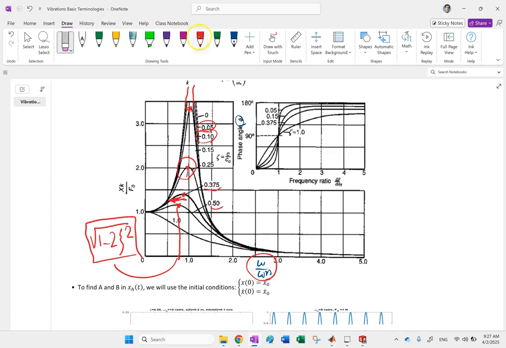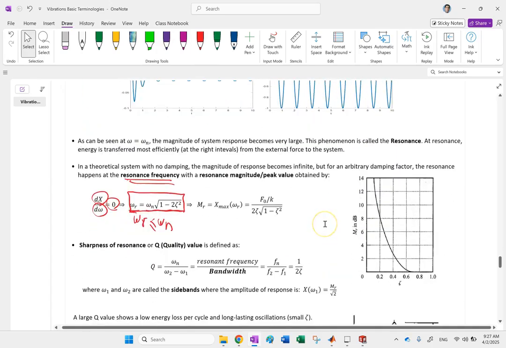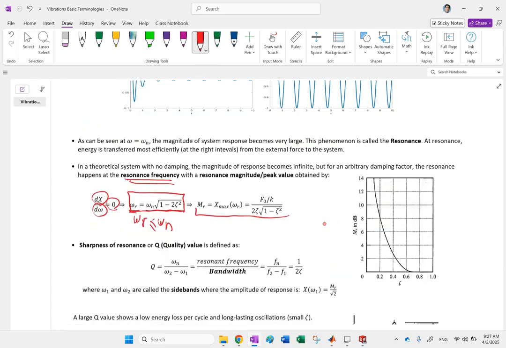And how much is the maximum at that point? All you need is to plug that omega back into the X and find it. If you do so, this is the maximum that you will find, which is called the resonance magnitude or the resonance peak value.